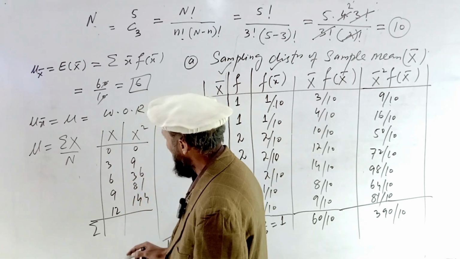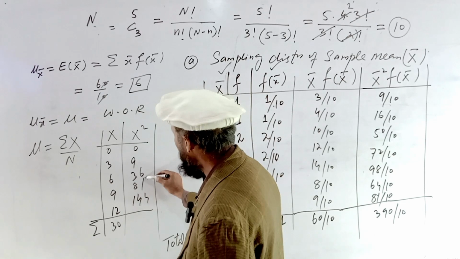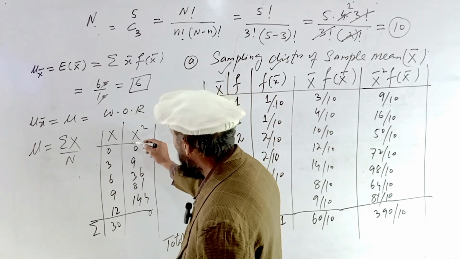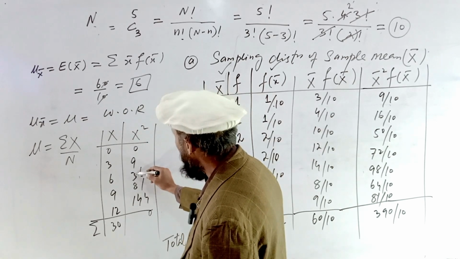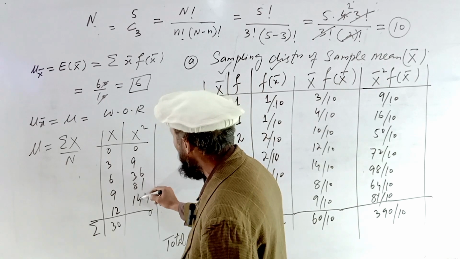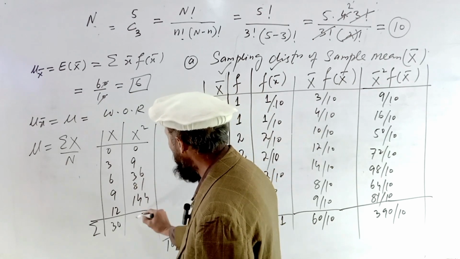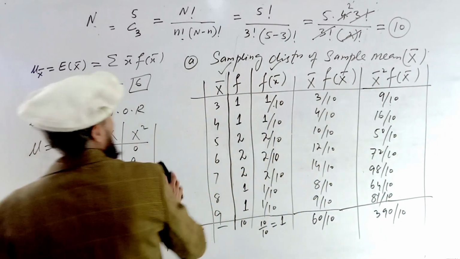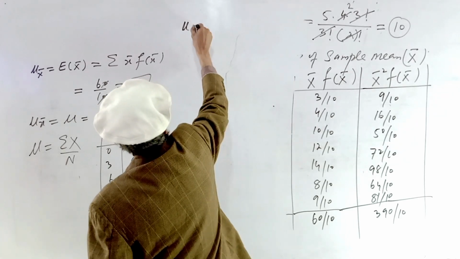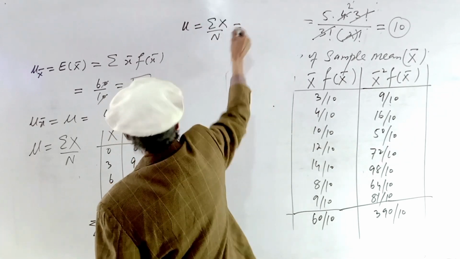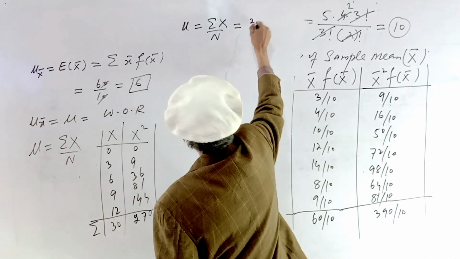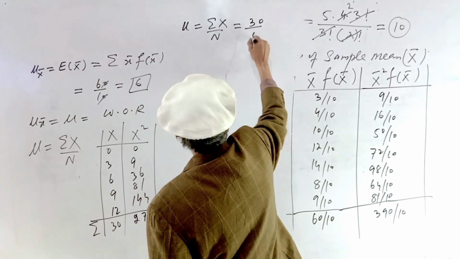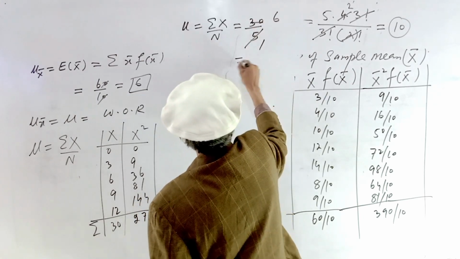Now we add these columns and get the answer 270. Mu is summation x divided by N. Summation x is equal to 30, 30 divided by N. N is, sorry, 5. N is 5. Dividing, we get the answer 6.